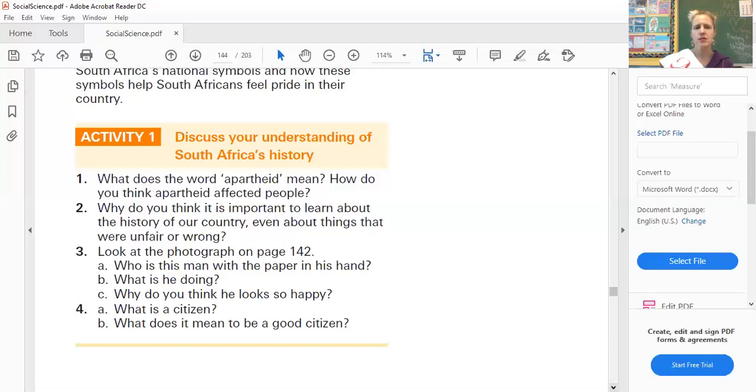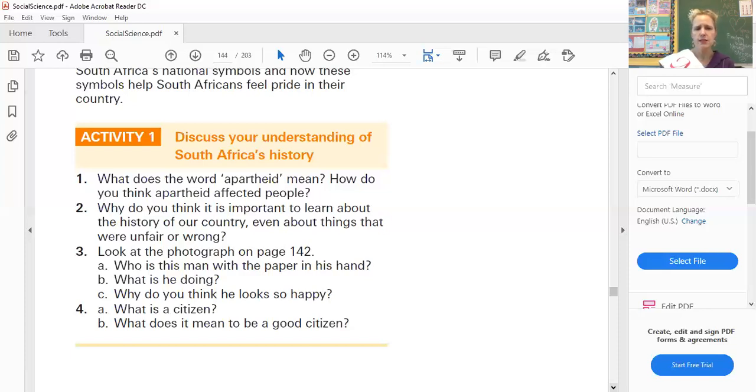And how do you think it affected people? Obviously, that gave them a sense of sadness, just unfair. It would make me angry. Like, who decided that the color of your skin suddenly means that you can have this and you can't have that? And so tell me how you think it affected the people.